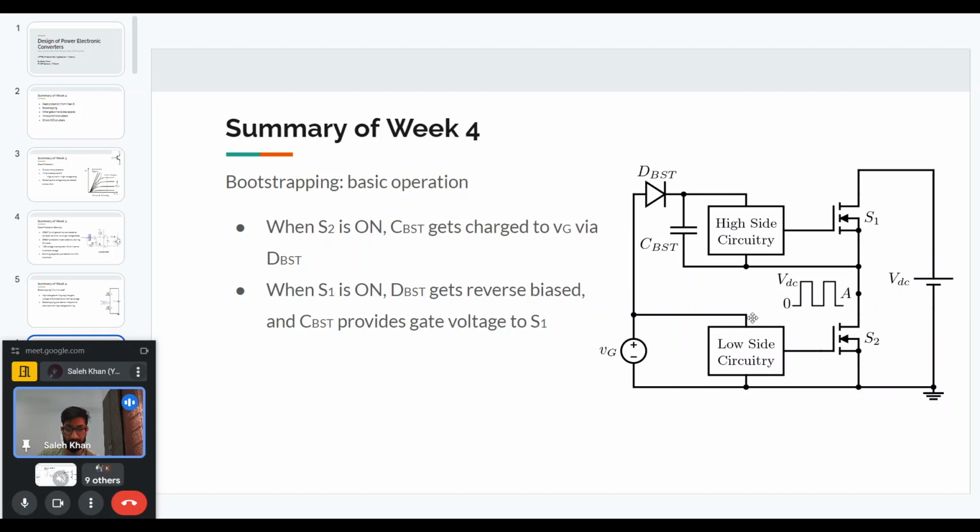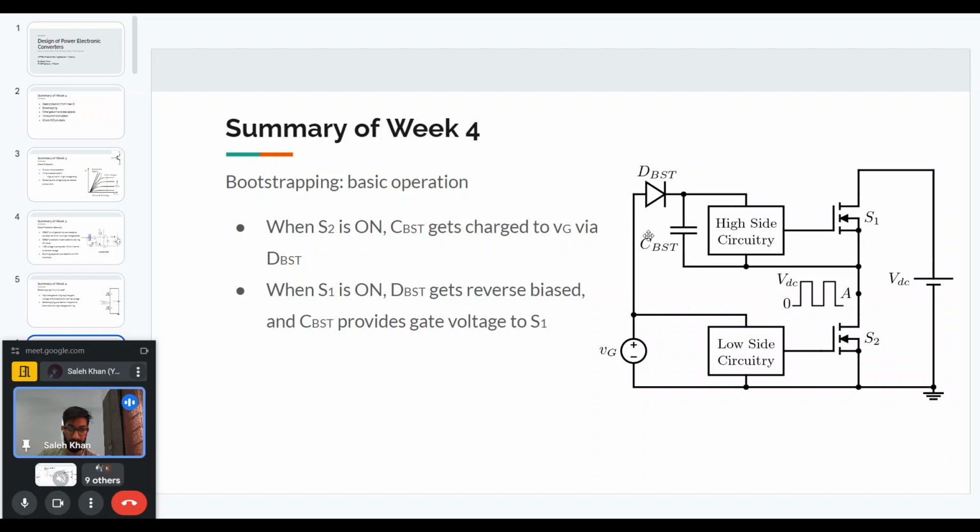And now we have the low side gate driver circuitry, and we have a voltage source connected to it, which is the 15-volt voltage source. If you see this loop, when S2 is on, then point A will be at 0 volt or ground potential.